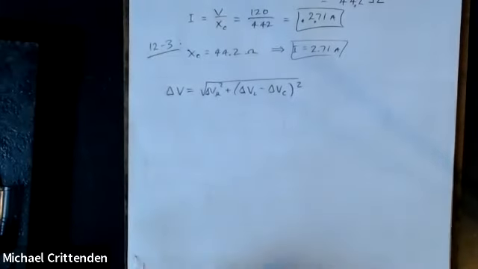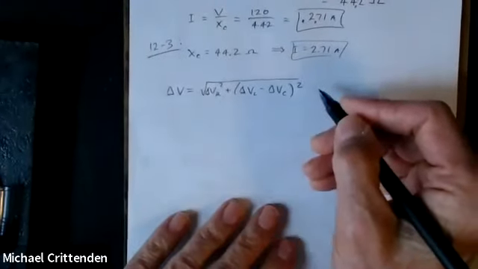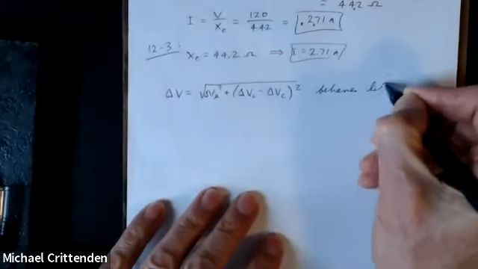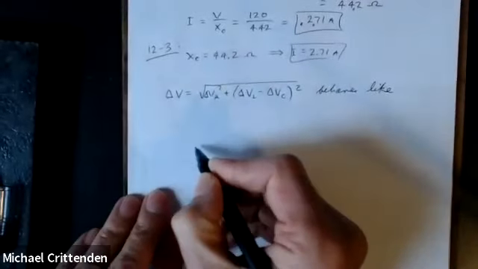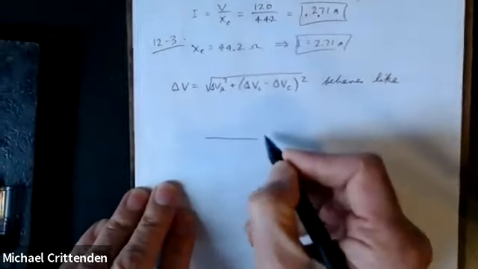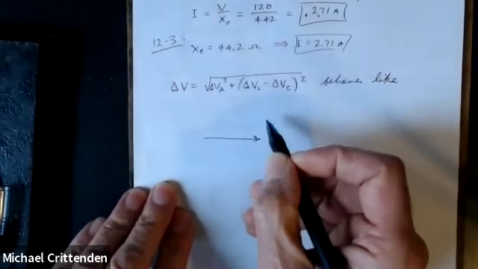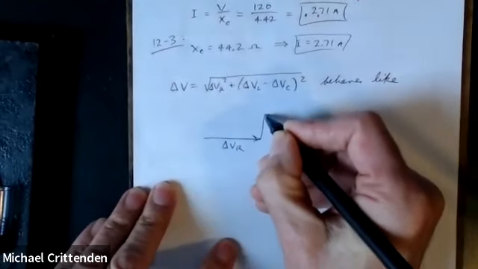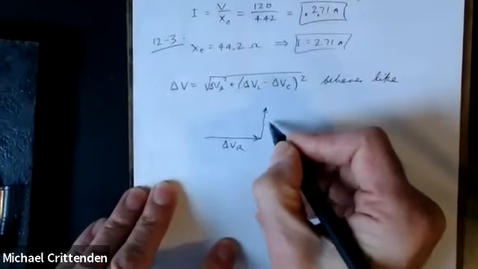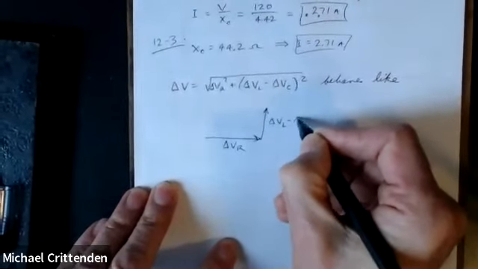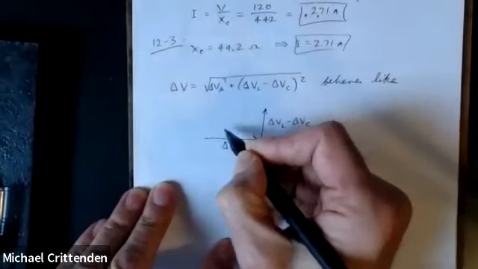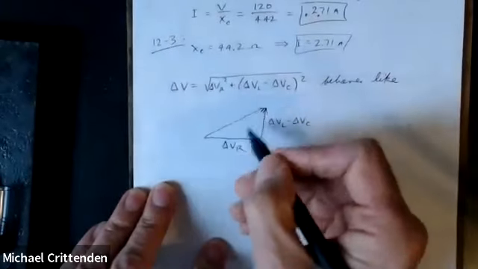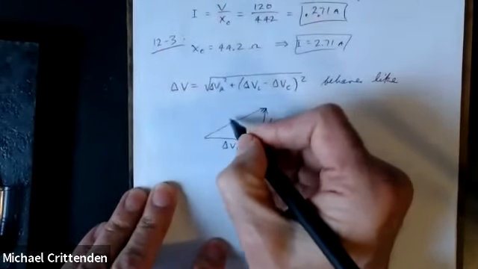That behaves like you're doing vector addition, and the total voltage across the whole group is the resultant, the hypotenuse.